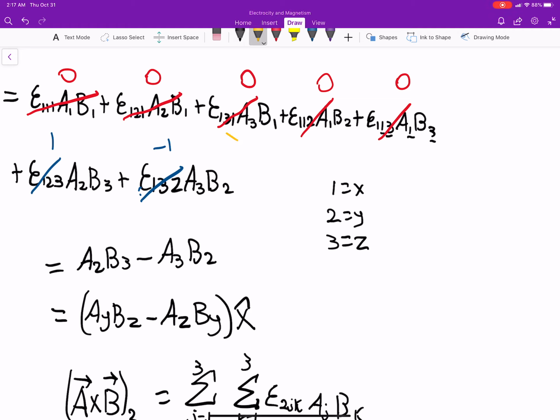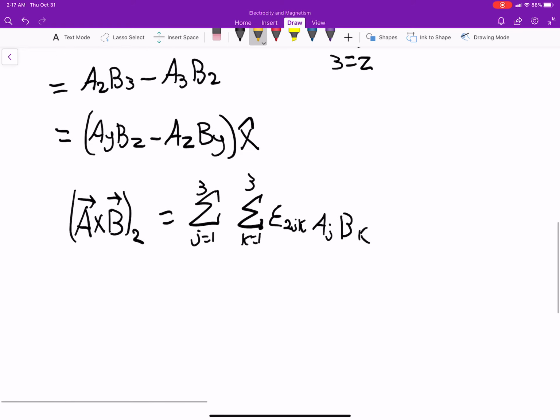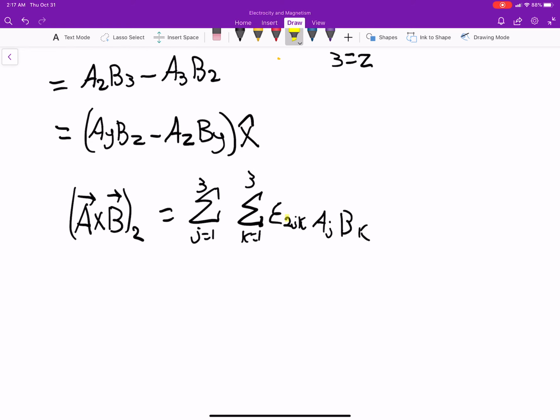Whenever you have these numbers repeat, they're going to cancel. So the fact that I know 2 will always be here means J and K must equal 1 and 3. That way we don't get anything to repeat.